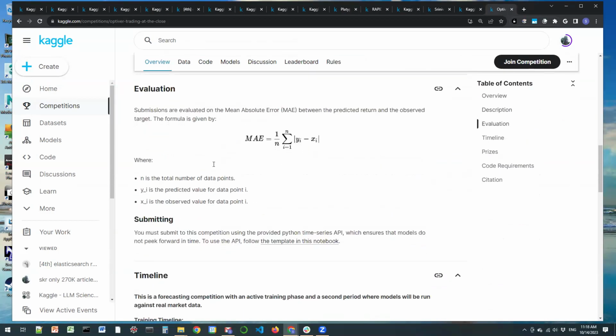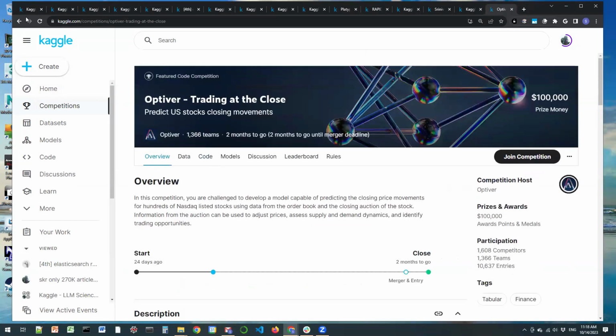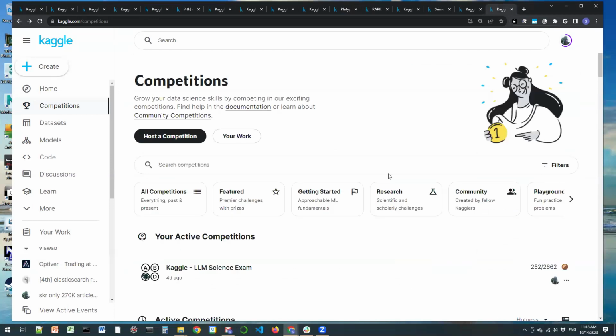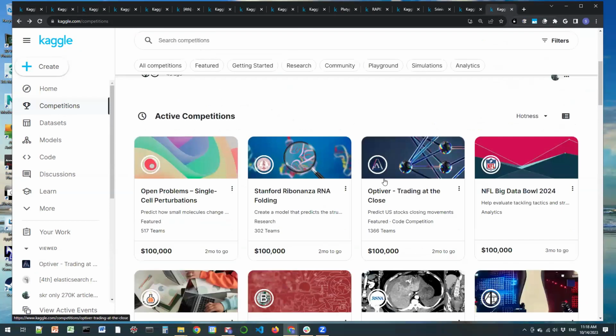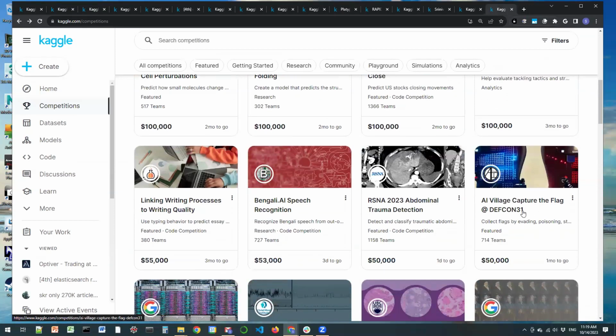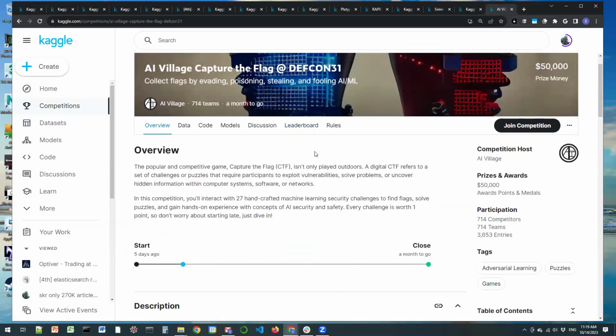I also signed up to another competition going at the minute, which is a random competition where you've got to unlock keys. It's called Capture the Flag or something. Yeah, I saw that one. It's some security thing. It's bizarre. There's 27 puzzles effectively that you have to solve.